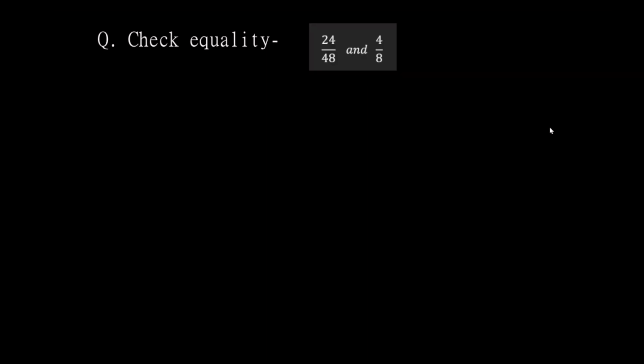So now we have a question for checking equality between 24 over 48 and 4 over 8. What we will do? We will first convert both fractions into their simplest form. So let's first start with 24 over 48. Simplest form of 24 over 48.